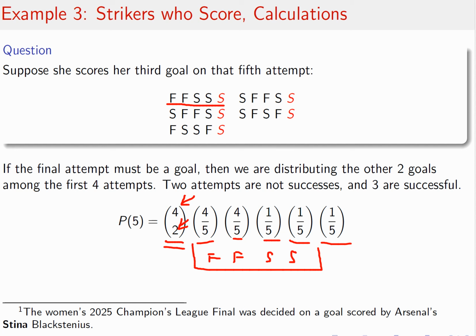That's the 4 choose 2. And then these probabilities are fixed. No matter whether the F is over here, there has to be 2 failures, right? So the 4/5 has to be in there twice, and there has to be 2 successes. So the 1/5 is in there twice. And then the final success achieved, right?